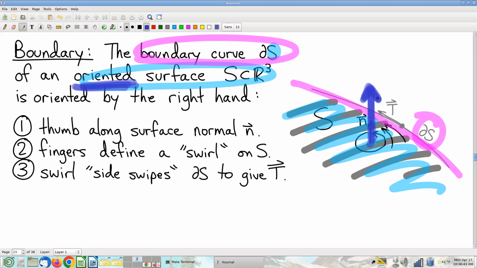And here's the rule, the arbitrary rule. The given orientation of the surface, point your thumb in that direction. Key point, it has to be the thumb of your right hand. It's arbitrary, but it's the standard. Thumb in the direction of that orientation of the surface. That creates what I'm going to call a swirl.